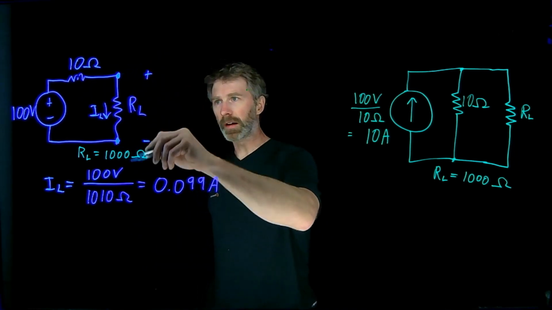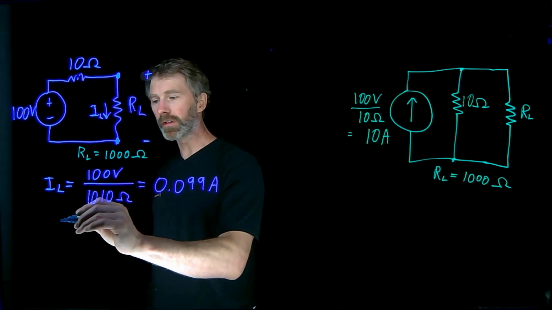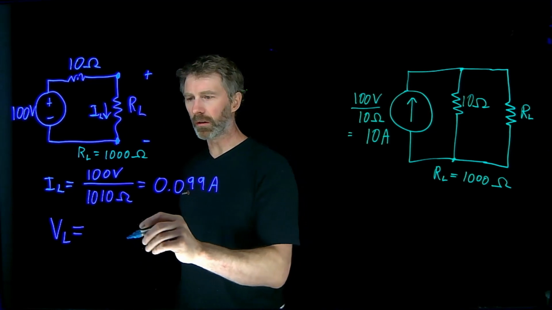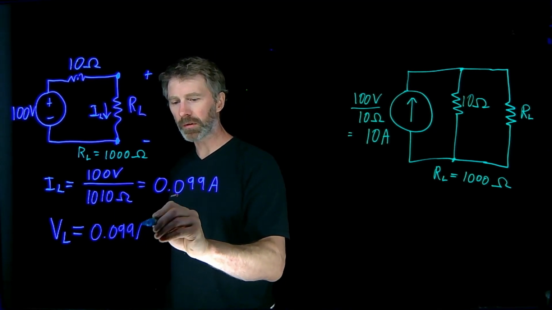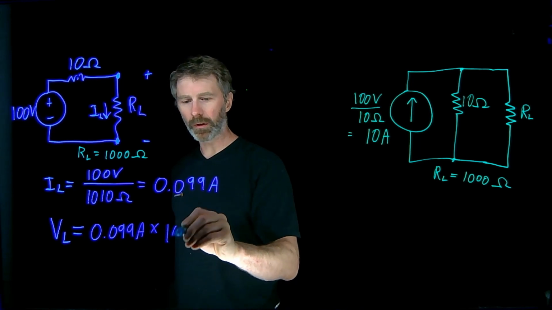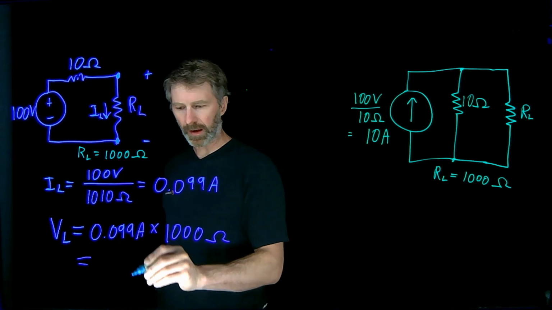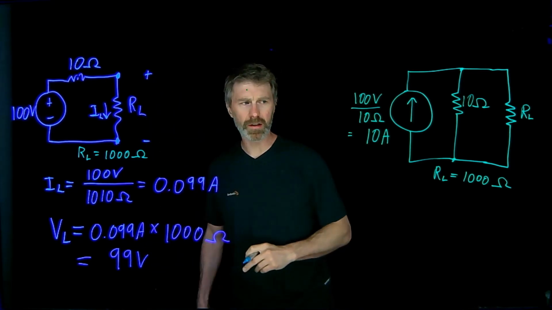And since we have 0.099 amps going through the load resistor, the voltage across the load resistor will be 0.099 amps times 1000 ohms, and that equals 99 volts. So we have 99 volts across that load.